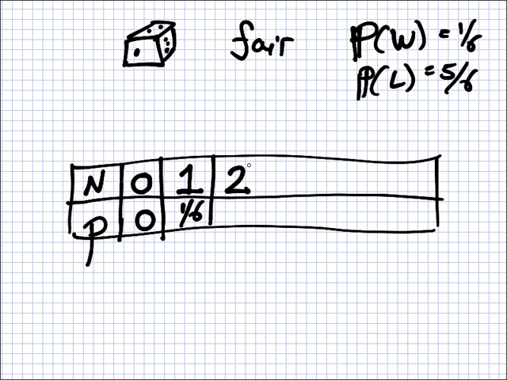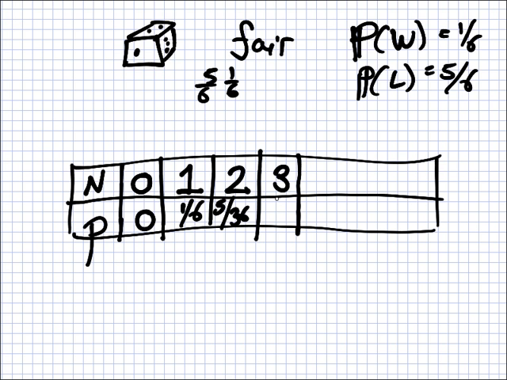So the n here represents how many tries I need to win. So what would that be? It would be lose followed by win. So that's 5 over 6 times 1 over 6. So that's 5 over 36. Okay. 3. So that would be lose, lose, and win.